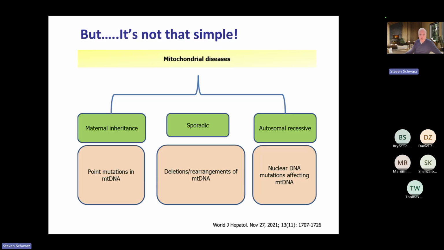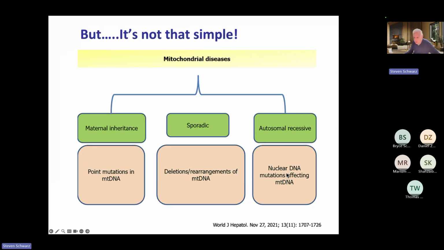Again, maternal inheritance, relatively uncommon. They can be sporadic, which means no genomic cause, or they can be autosomal recessive. These autosomal recessive mutations are where nuclear DNA mutations affect mitochondrial DNA.